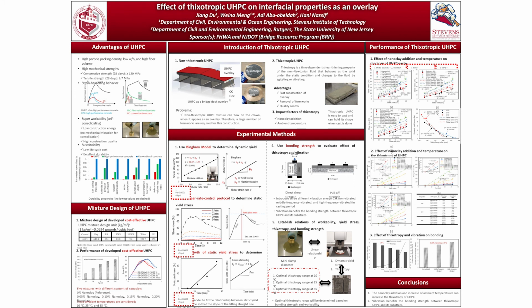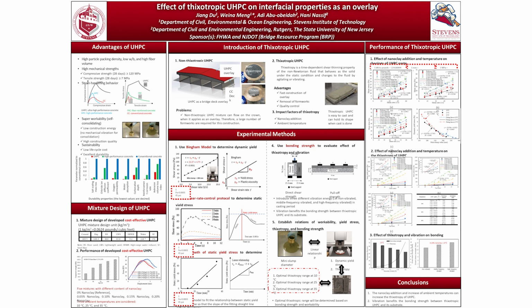Two main factors can affect the thixotropy of UHPC. One is the purified and thermal-treated nanoclay. The investigated contents were 0.05%, 0.10%, 0.15% and 0.20% by mass of binder. Then the other is the temperature.